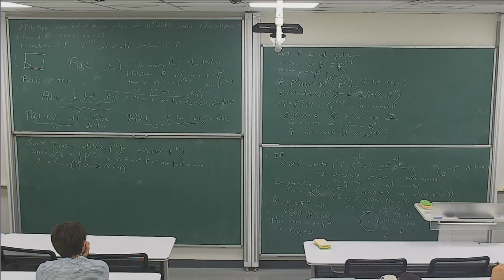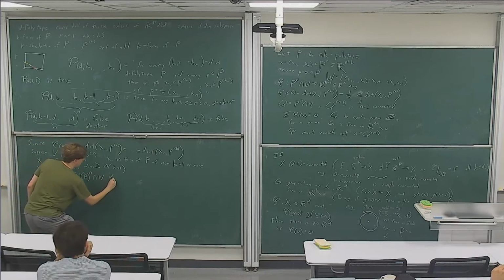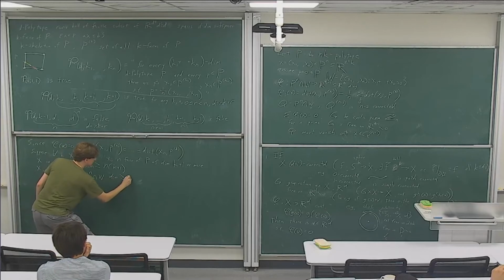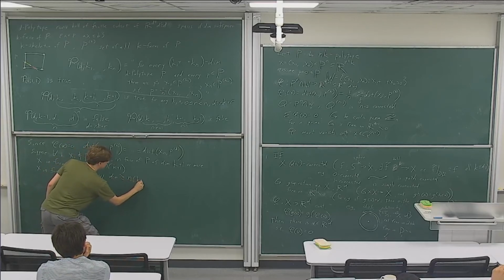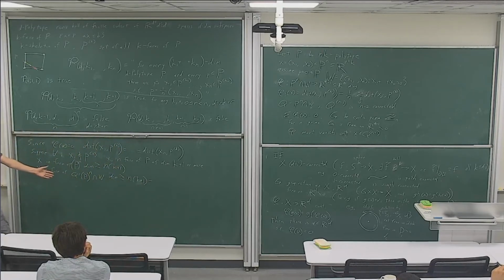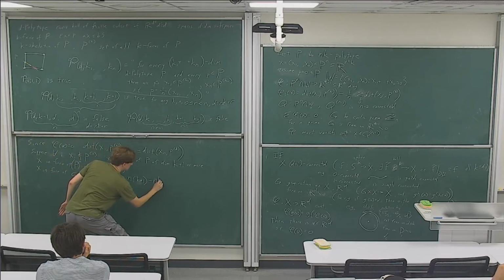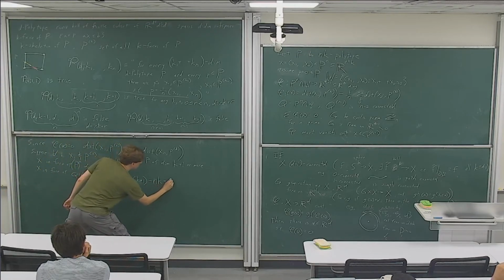But here I intersected with this W, so this means x is in a face of Q, which is P to the n intersected with W, of dimension at least n times K plus 1 minus, so what was the codimension of W, nk, which is equal to n.